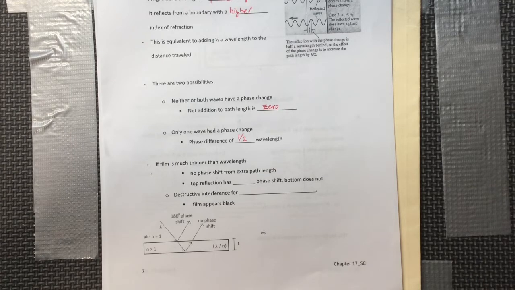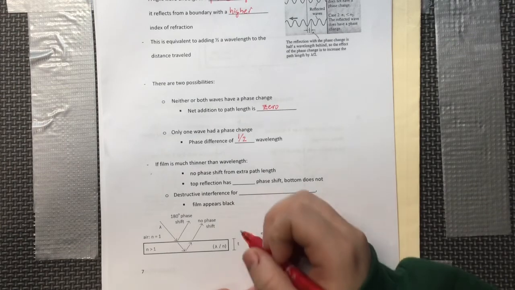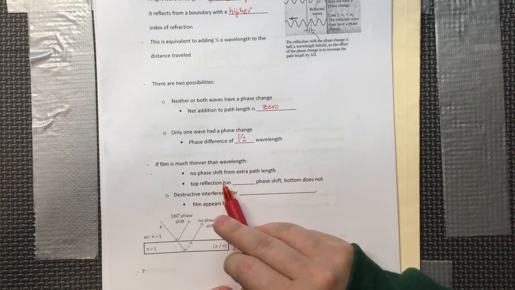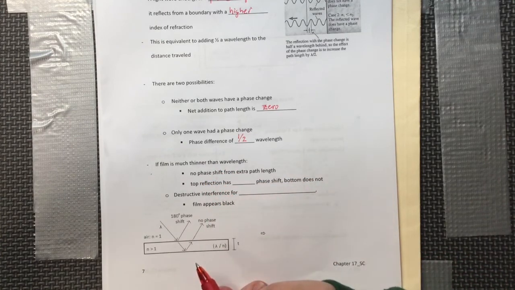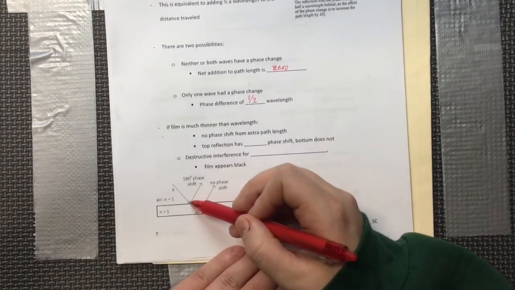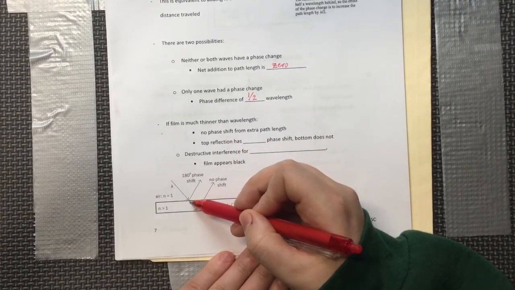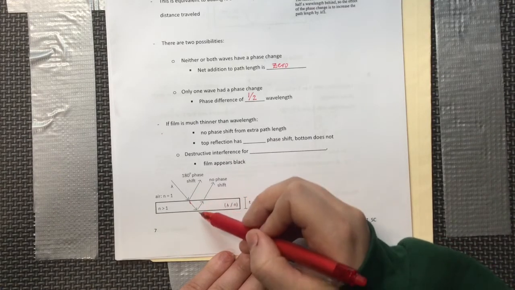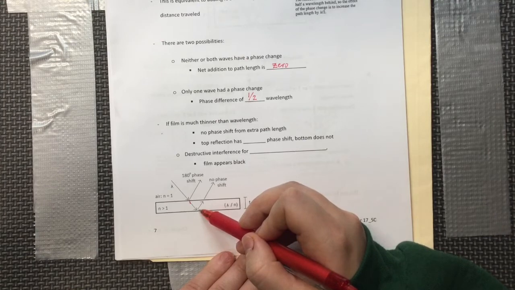If we have a film that is less than, let's go with 600 nanometers, these are the conditions that apply. For a very thin film, we get no phase shift from the extra path length. As the light travels through a medium, since it does technically travel more of a path length, it can pick up a phase change from that.